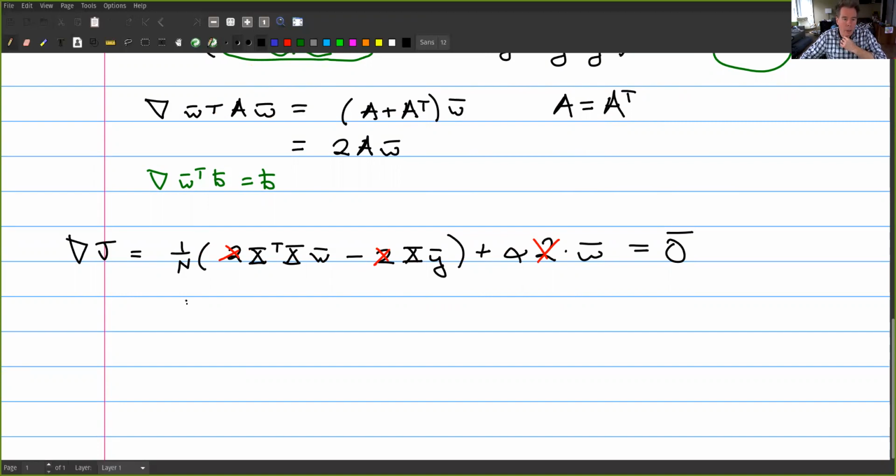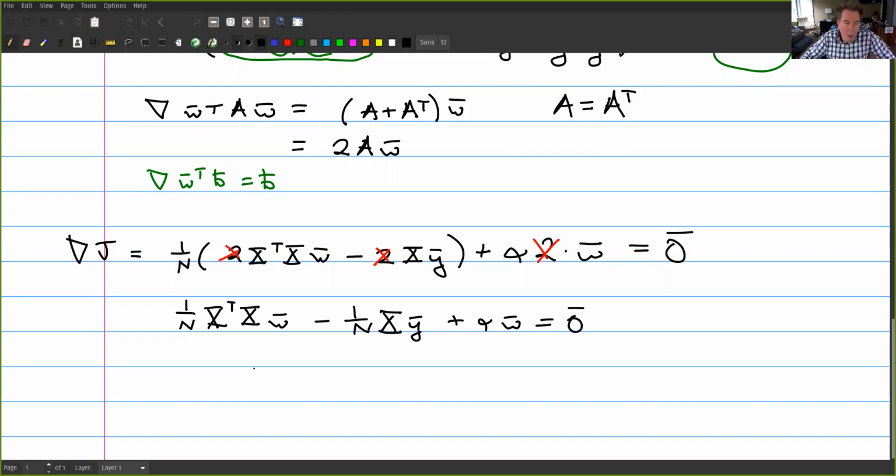And we get 1 over n times X transpose X times W minus 1 over n times XY plus alpha W is equal to the 0 vector. Man, I'm already at the bottom of my screen. I'll have to start again on another page soon.